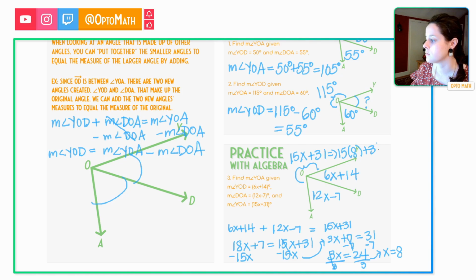So 15 times 8 is 120, plus 31 is 151. And this is our final answer. And if you want to write it nice and pretty, you should write the measure of angle YOA equals 151 degrees, because that's readdressing the question.